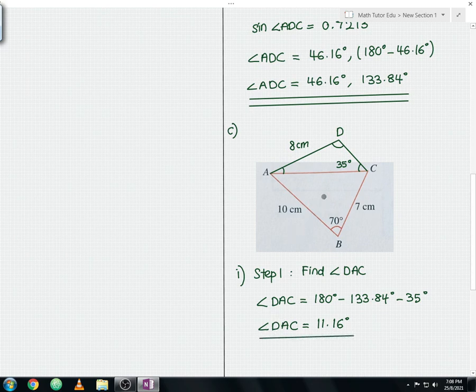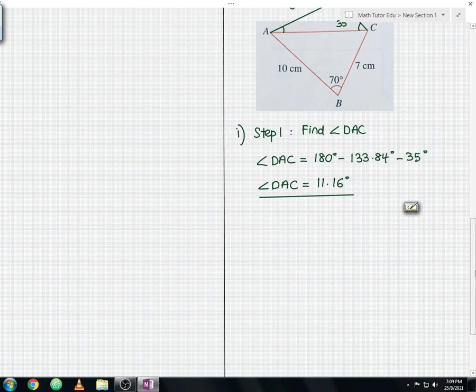Okay, once we get the angle DAC, now we can proceed to find the straight line CD by using the cosine rule. Okay, so let me write in the working here. So step 2, find length CD.